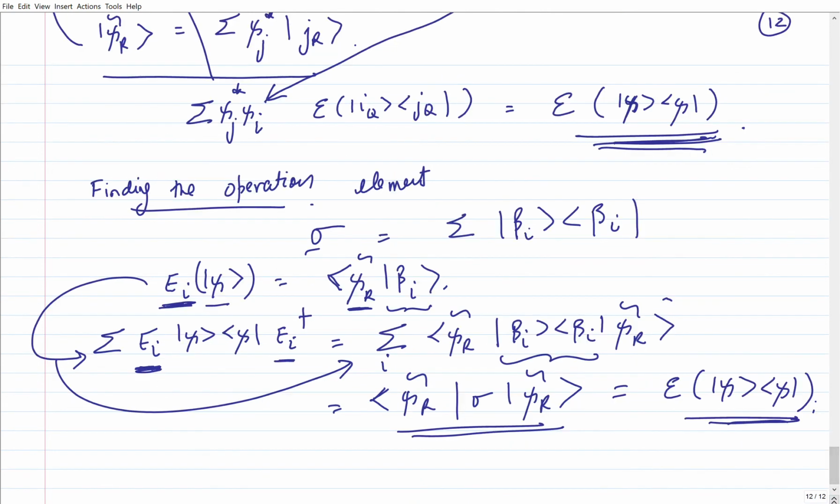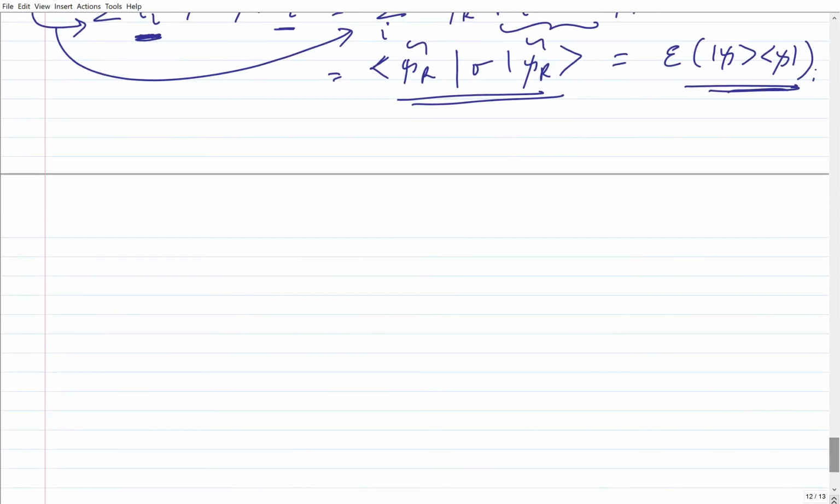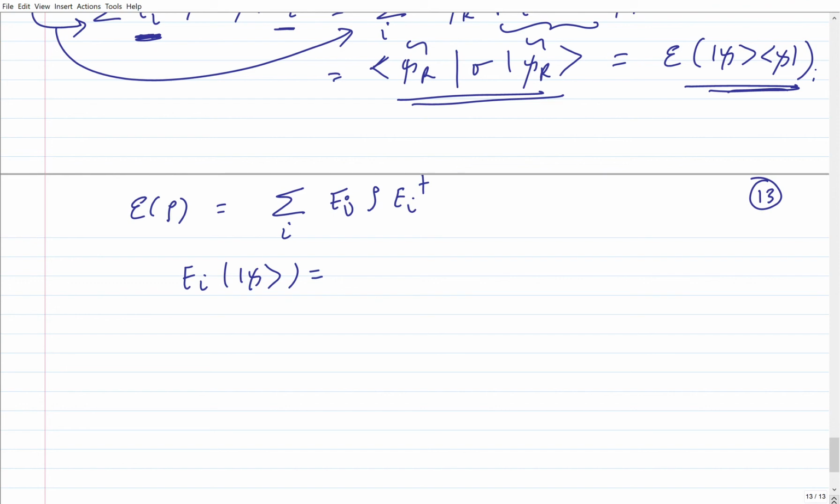So in other words, my quantum operation was nothing but, in terms of my operator sum elements, this guy, where each of these was defined in terms of this guy, where beta was nothing but the sum decomposition of the operator on the maximally entangled state.